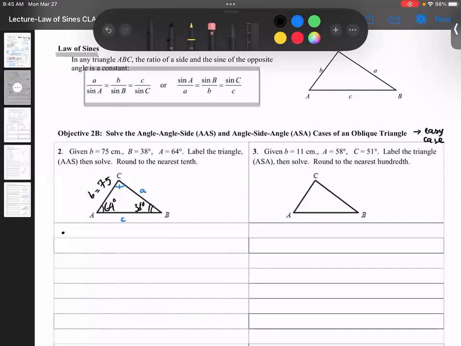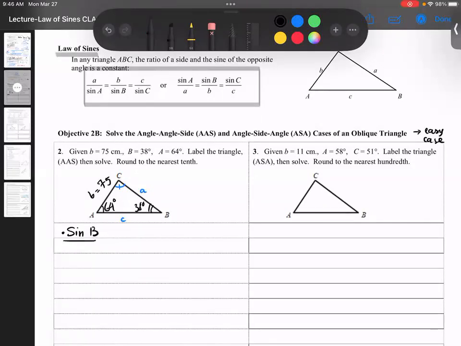Well, the formula is, it doesn't matter which one you want to use first. I'm going to use sine B first. You can use sine A first. Actually, no, you cannot. Why can't you use sine A first? Let's see, sine A over little a. I guess you can. Doesn't matter. As long as you have 3 values and 1 variable, you can solve for the variable.